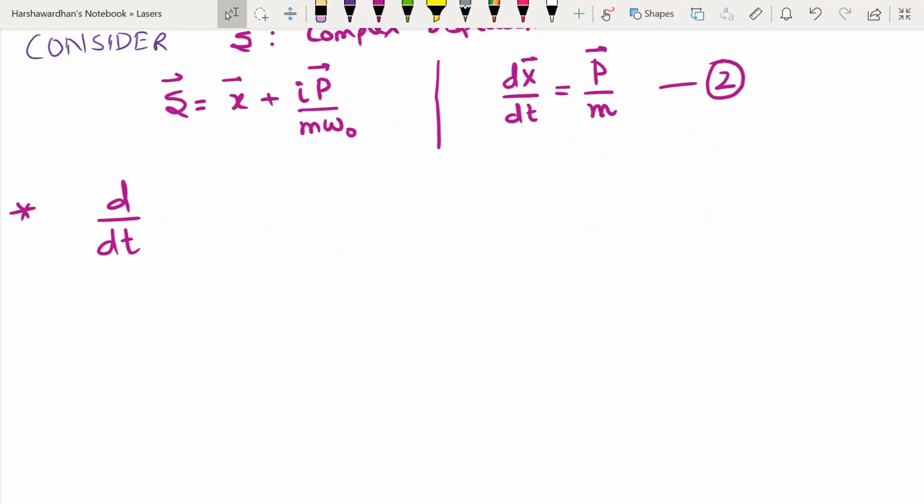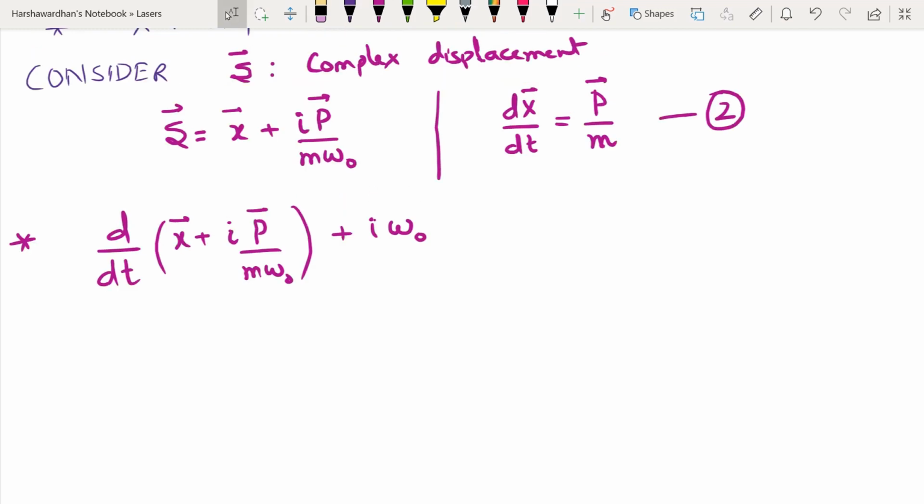So I can write down the following: d by dt of this complex displacement, p by m omega naught, plus i omega naught times the complex displacement is equal to, on the right hand side, of course i times epsilon.